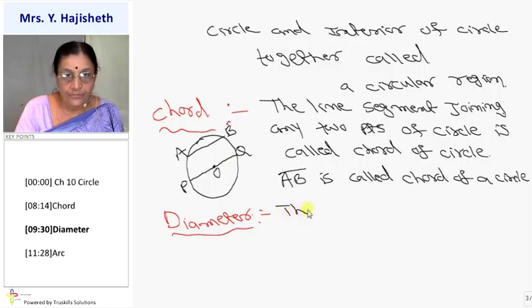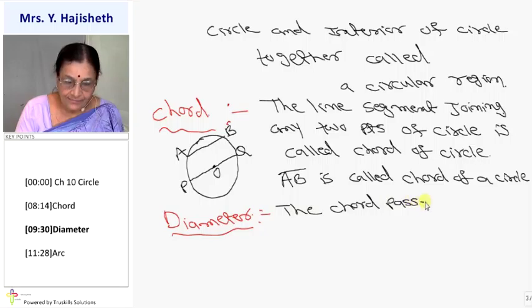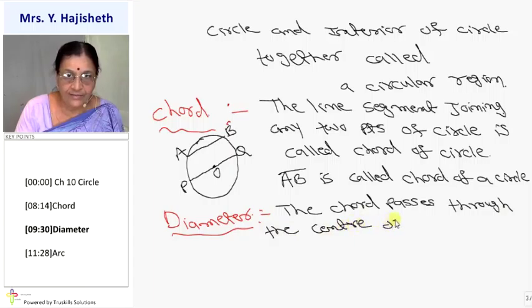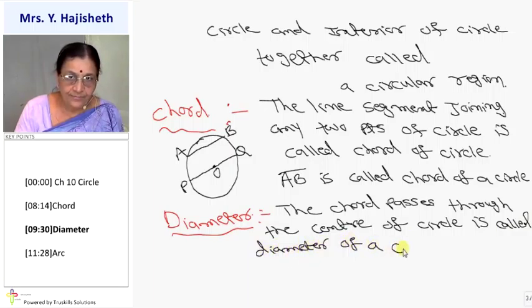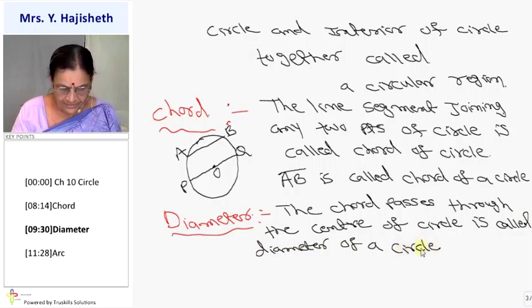So the chord that passes through the center of the circle is called the diameter of a circle. And there are many diameters we can construct.